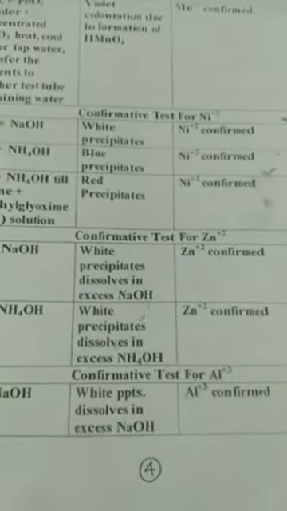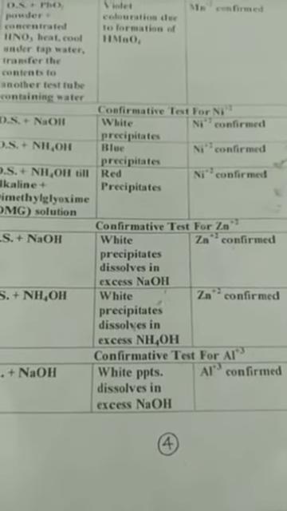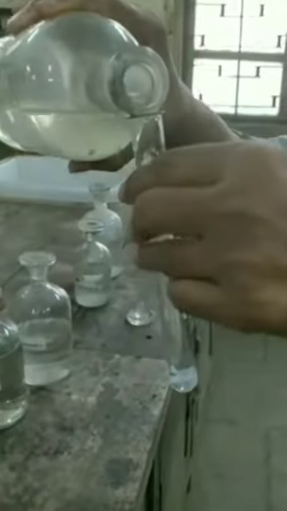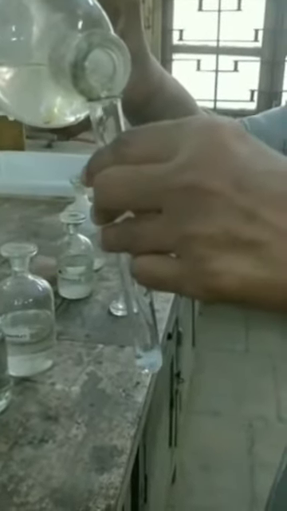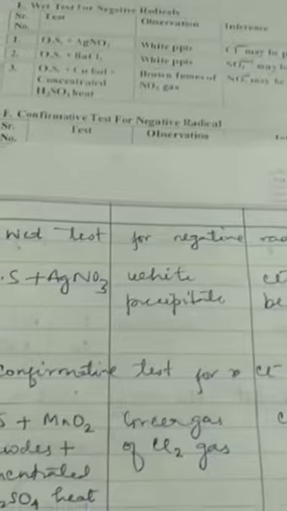But as you can see in the scheme, these white precipitates will dissolve when we add ammonium hydroxide in excess. So you can observe this. The precipitates have been dissolved, by which we can confirm that Zn+2 is present in our given solution.